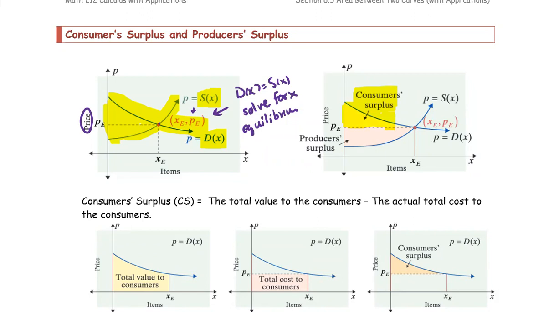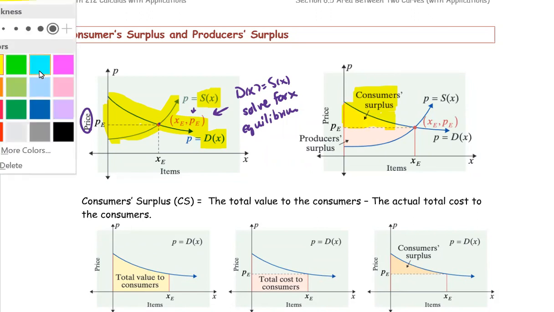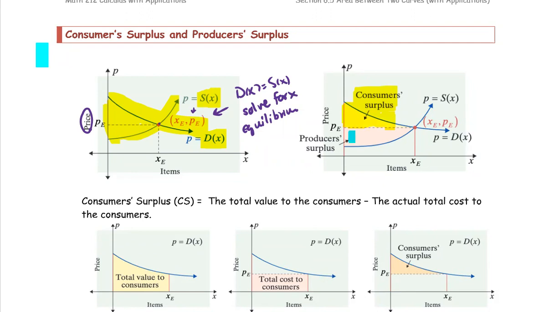So that means they are willing to pay more than the market price. That area represents the consumer surplus, whereas the other area, the area below the equilibrium price or the market price, is the price that the producers are happy to get, basically the additional revenue for the producer.